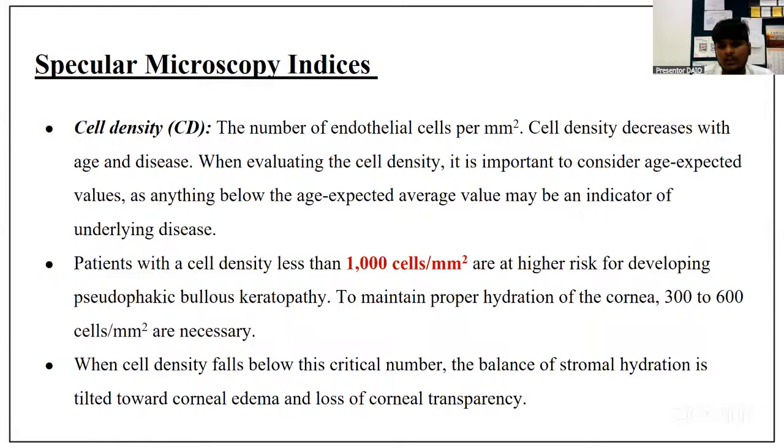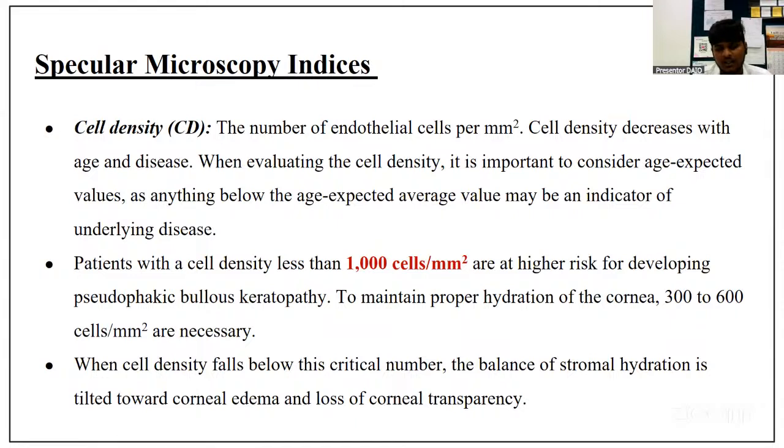Cell density is the number of endothelial cells per millimeter square. Cell density decreases with age and disease. When evaluating the cell density, it is important to consider age expected values, as anything below the age expected average value may be an indicator of underlying disease.